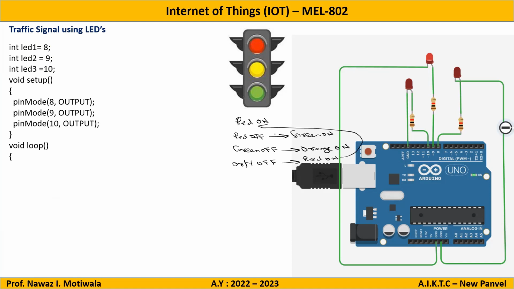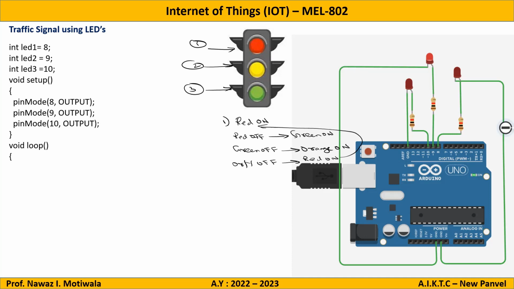So now the same thing we have to write in terms of syntax of Arduino programming. Okay, let us start. In the first step, I want to keep my LED red on. Red on means this first LED should be on. Let me name it 1, 2 and 3. So I need my first LED to be on.